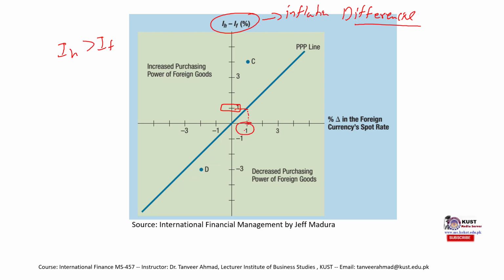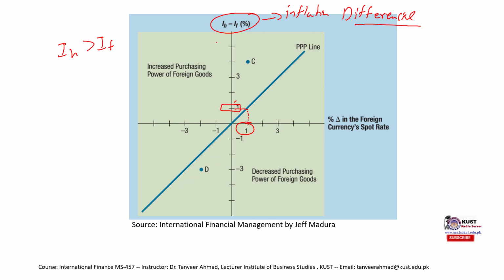Approximately 1%. Right? We would have a numerical example in the next slide. But just to give you an idea, if home country inflation is 1% greater than foreign country inflation, that is the inflation differential IH minus IF, it is +1.